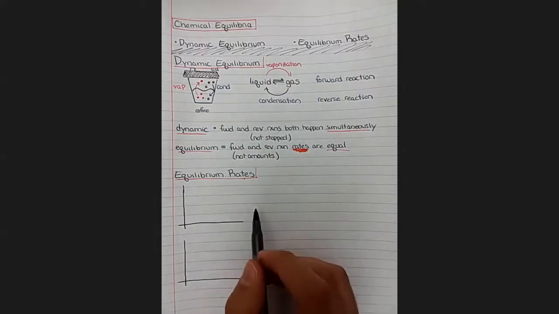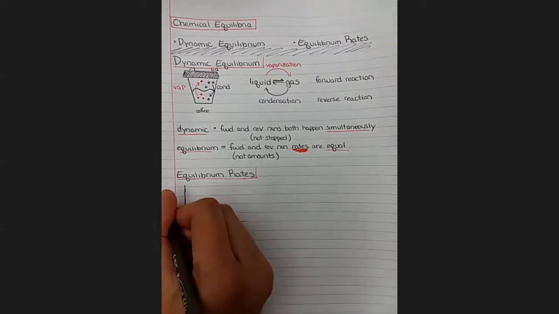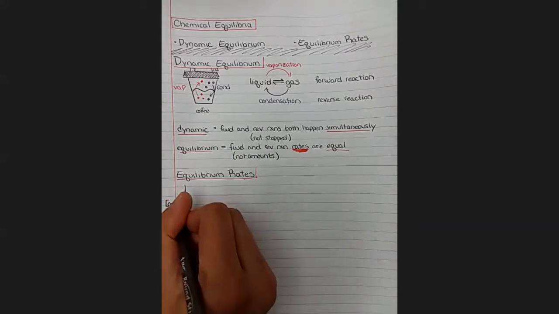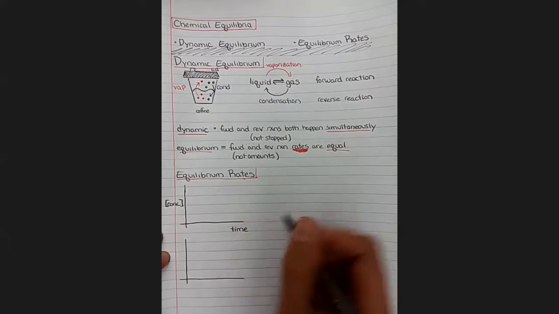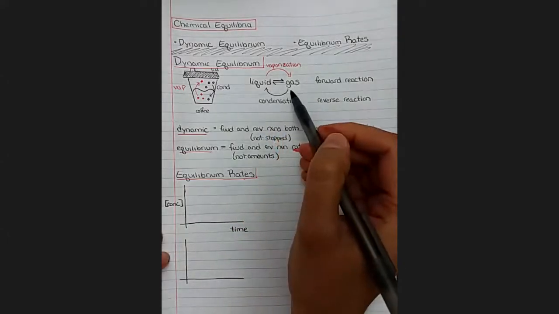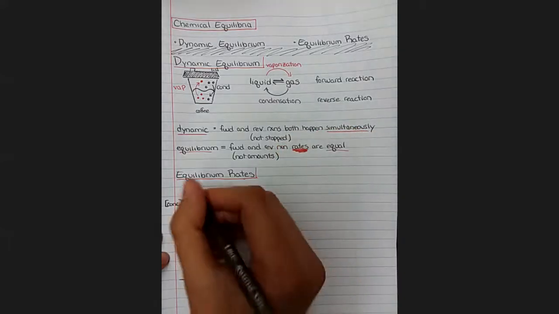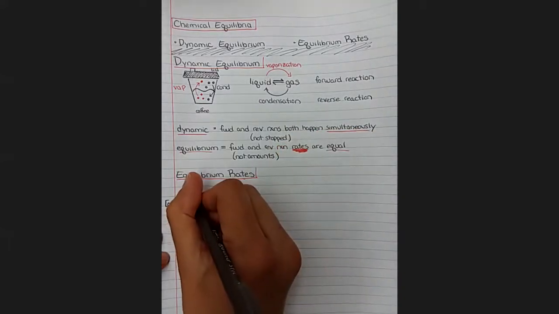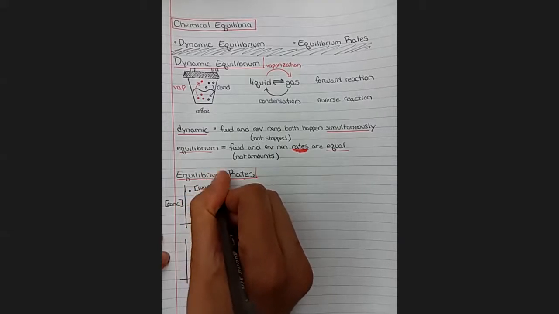So now let's illustrate that with a graph of how these things change over time. So to prove that it is not the concentration, let's start with a picture of that. So my reaction was from liquid to gas. So let's say that we started with all reactant in our container. So at time 0, we're going to have a high concentration of the liquid in black.